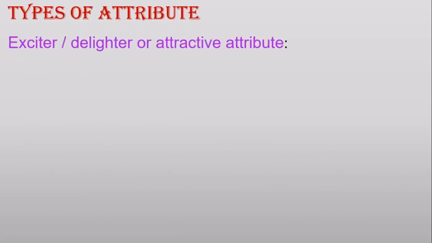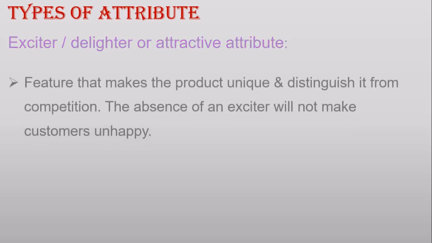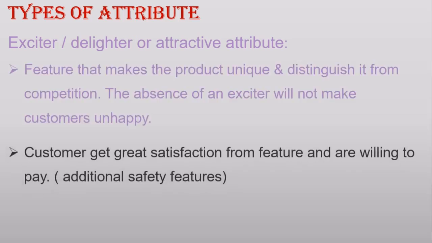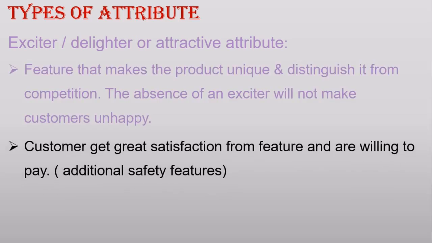The next attribute is the exciter or delighter. These are features that make the product unique and distinguish it from the competition. The absence of the exciter will not make customers unhappy. There is no need, but you can introduce excitement in your products. Customers get satisfaction from these features and are willing to pay. These are additional safety features you can add.